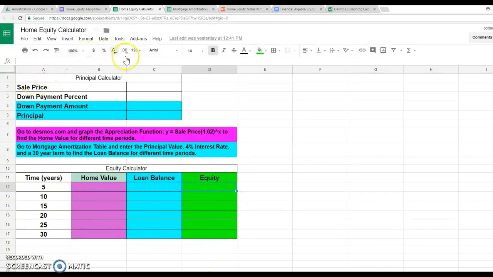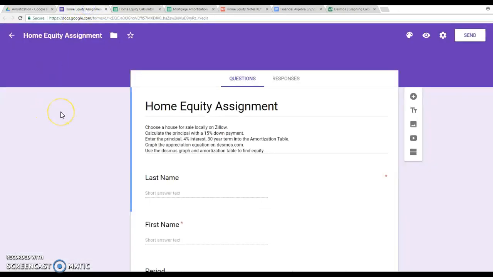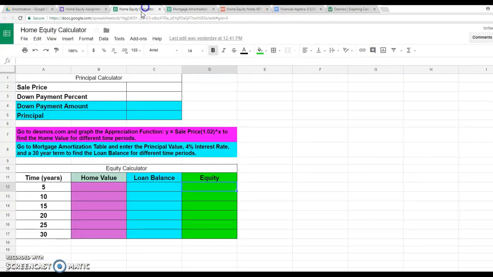So my plan was to do a couple examples with them, have them come up with examples from Zillow and use them and talk about equity and how it compares as you increase time in your loan. And then for the last 15 minutes or so of class, I have an assignment for them, which they'll do the same thing. They're going to choose a house on Zillow, calculate the principal with a 15% down payment, using this calculator here.